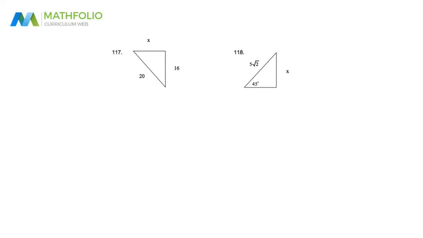Okay, 117, let's take a look. So here, this time around, this is your hypotenuse. So we've got X squared plus 16 squared equals 20 squared. So now when we start to solve this, 20 squared is in fact 400. 16 squared is in fact 256.